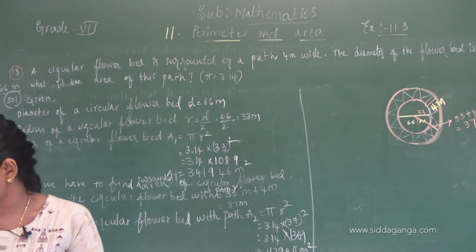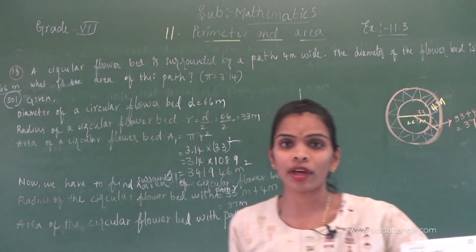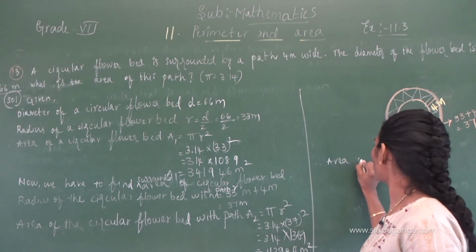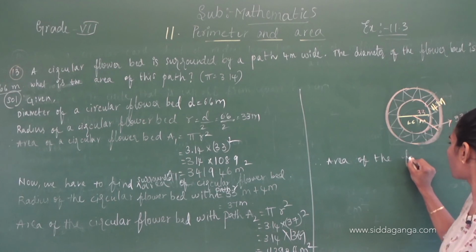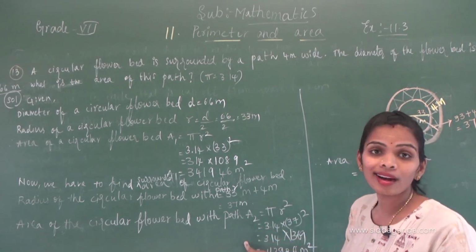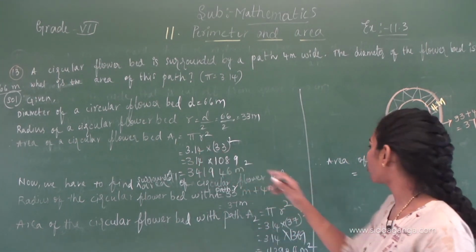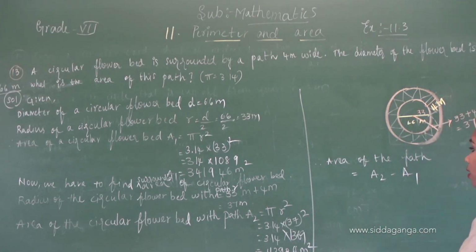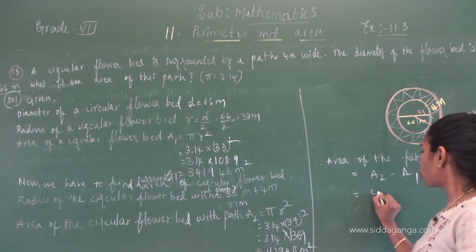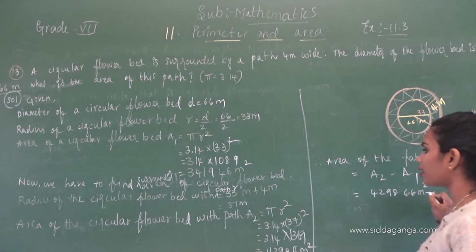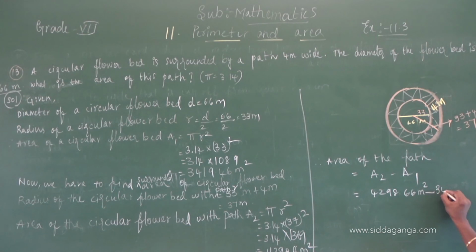Okay, and then area of the path constructed is equal to A2 minus A1, this is the outer circle and this is the inner circle. What is the A2 value? 4298.66 meters square minus A1, which is 3419.46 meters square.